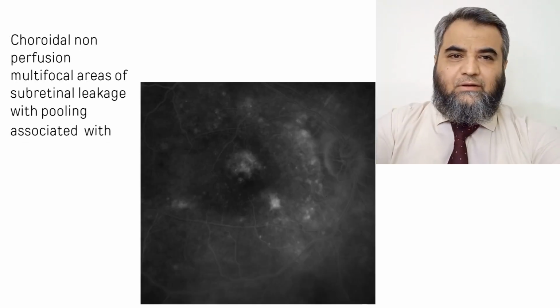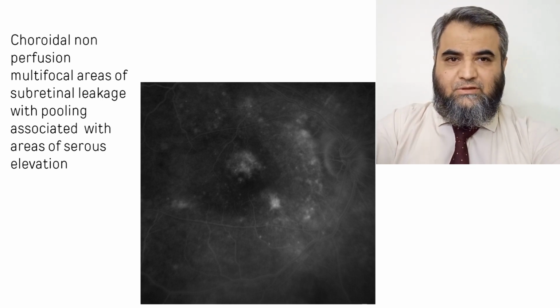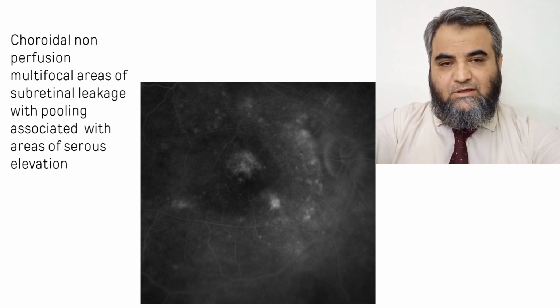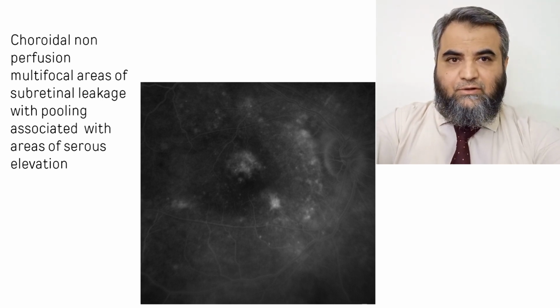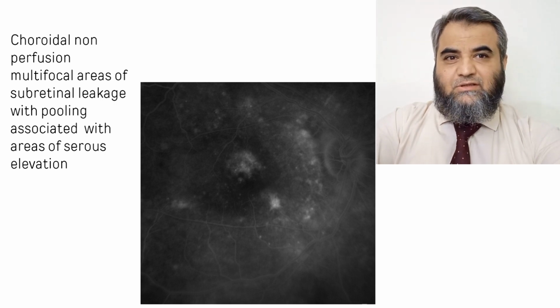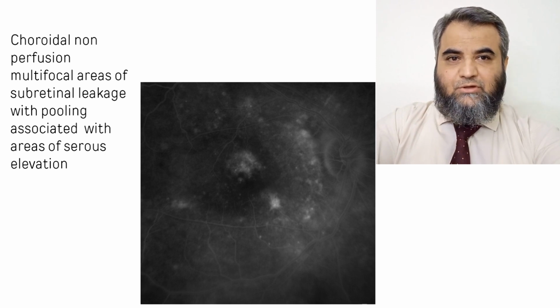Talking about the choroid, it can also be seen on fluorescein angiography. We can see areas of subretinal leakage, pooling of the dye, and delayed choroidal filling, especially if there are serous retinal elevations. All these things can be appreciated.